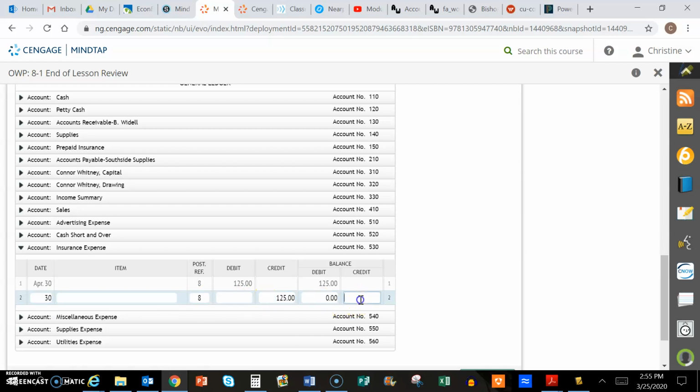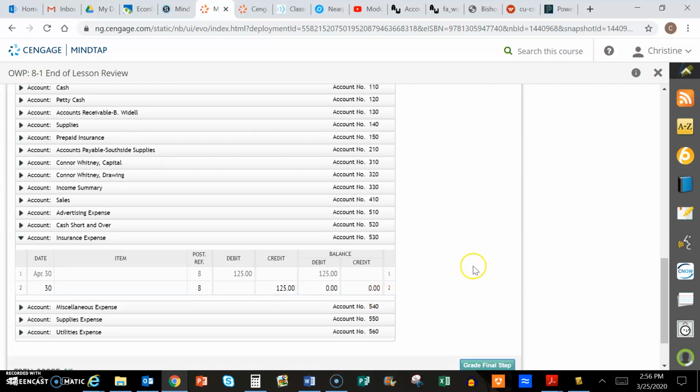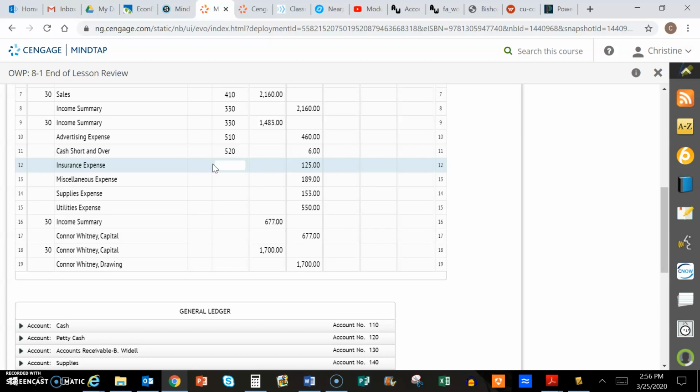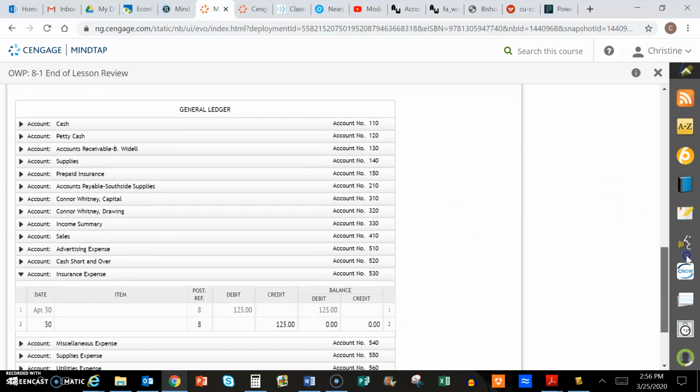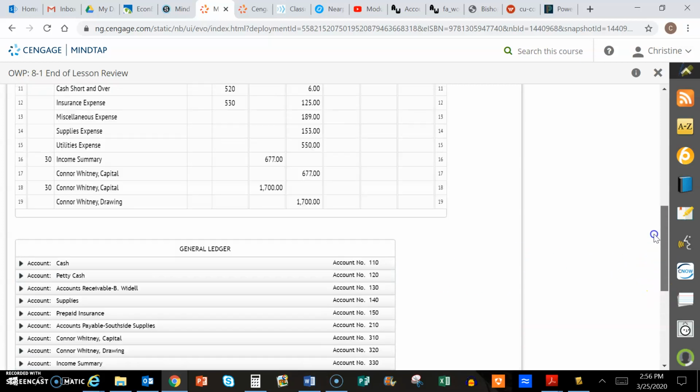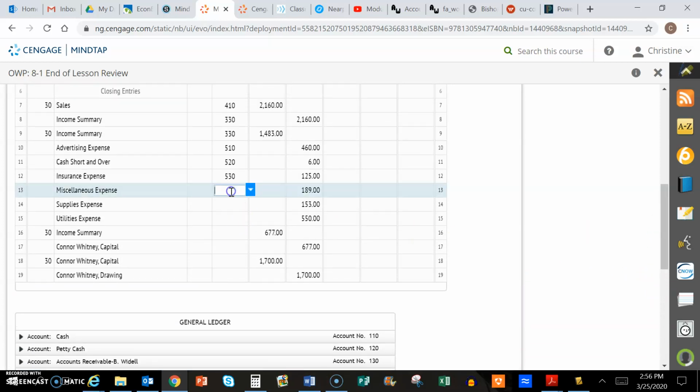So that means my new balance is 0, 0. And then I'll go up to my journal and I'll post a 530. And keep going down your expenses until they are all posted.